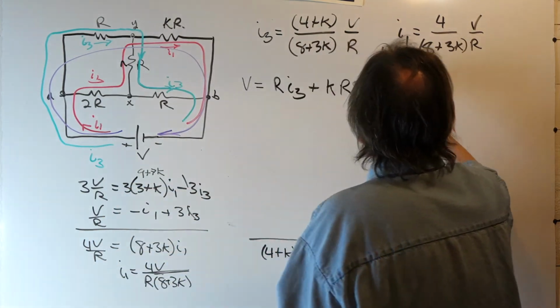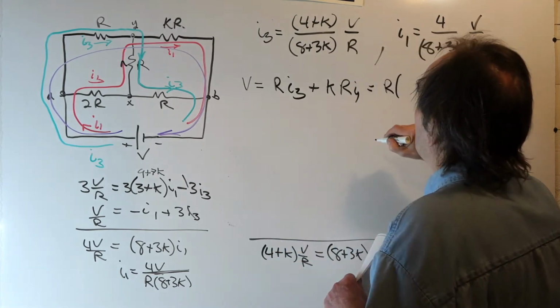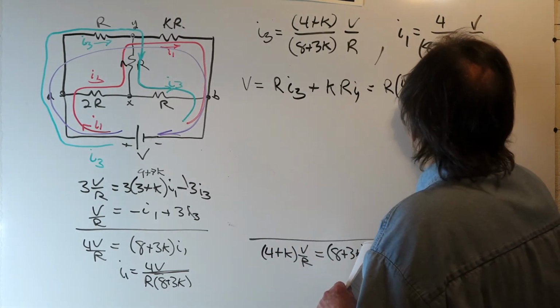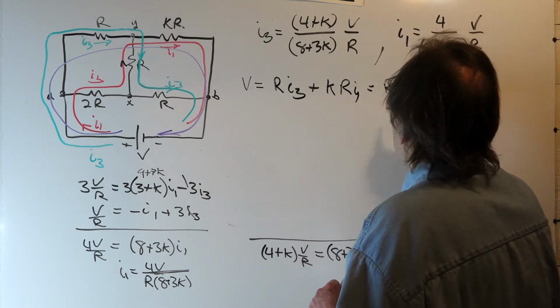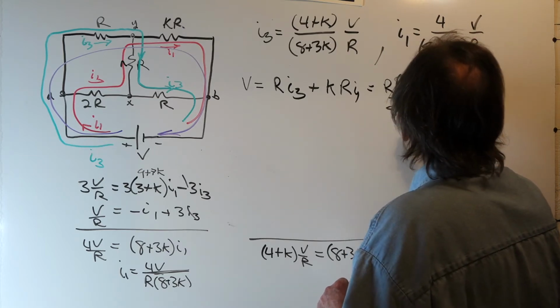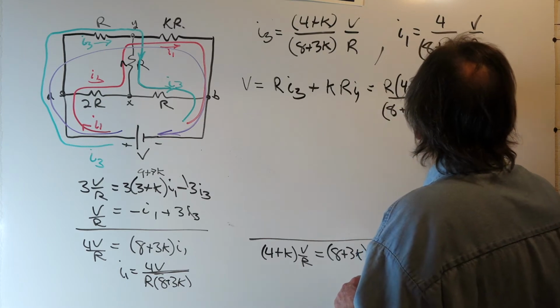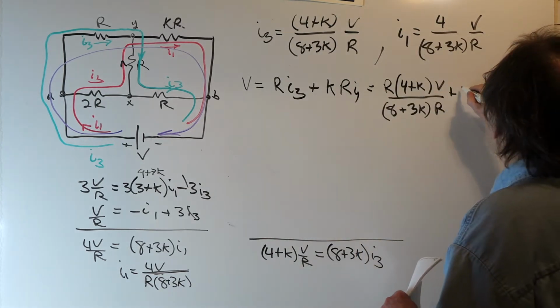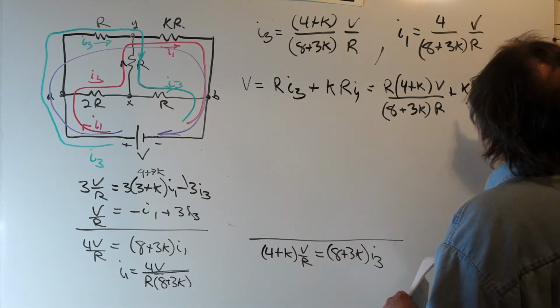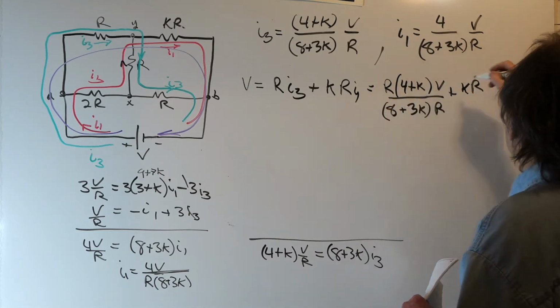Putting in our values, we have R times I3, which is 4 plus K V over 8 plus 3K R in the denominator, plus KR. Now we have I1.